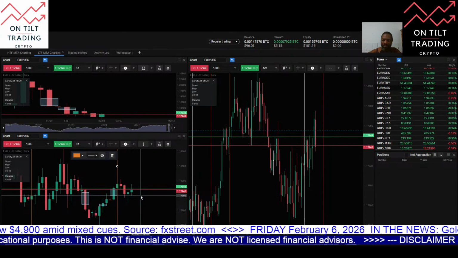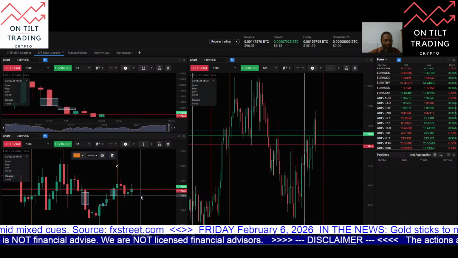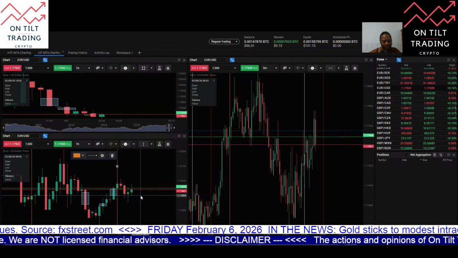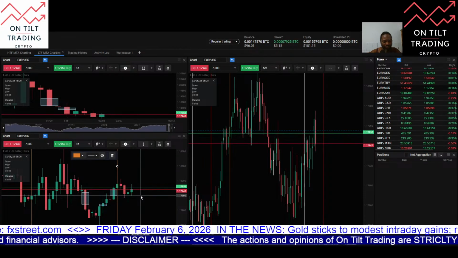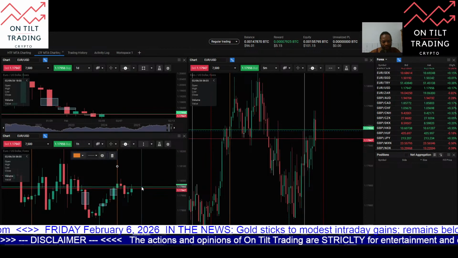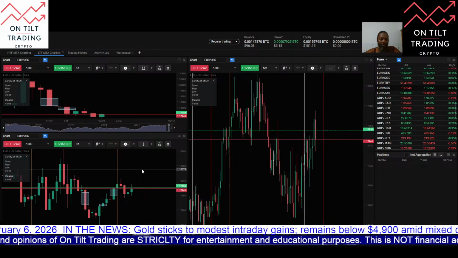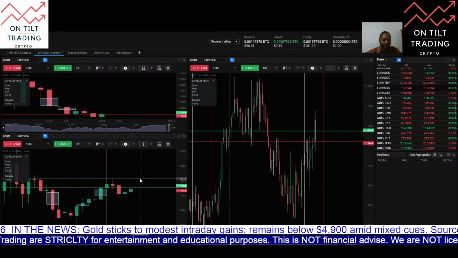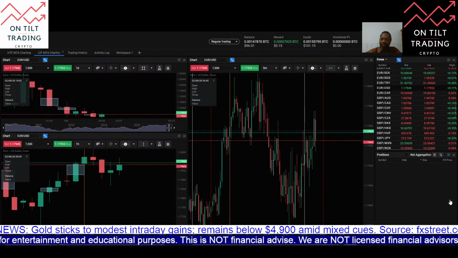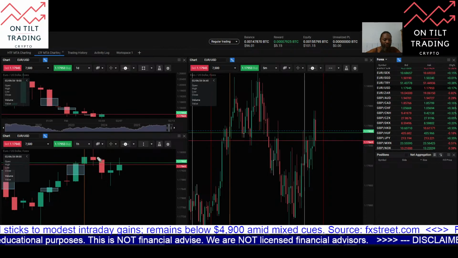Price has respected this bullish fair value gap, even though body candles have closed inside of it, so there is a higher probability than not that price will want to continue to the sell side here.